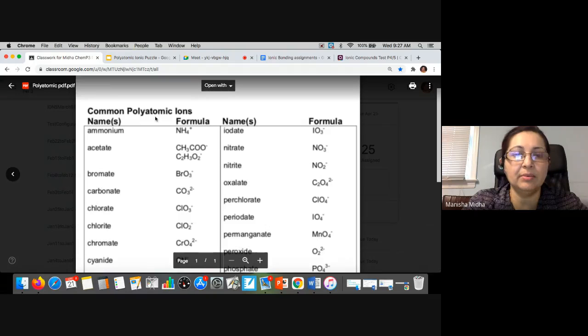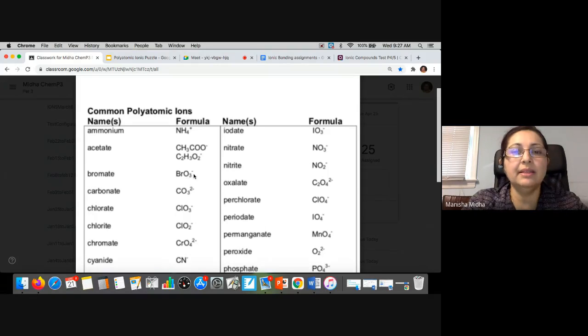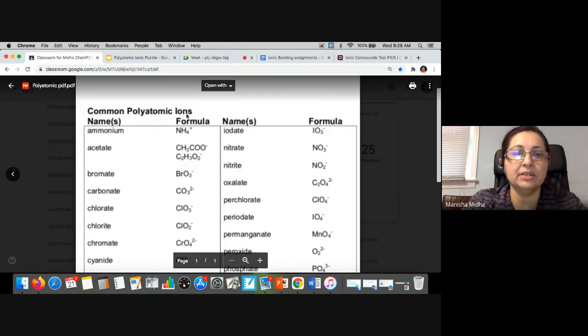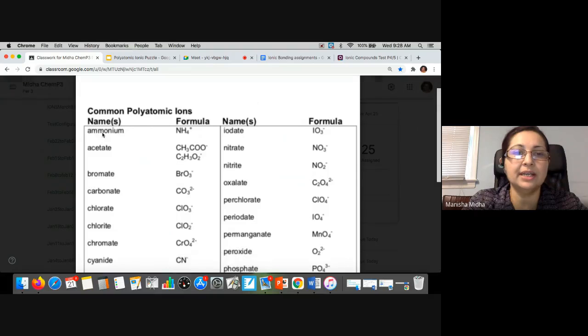They are polyatomic. They have many atoms. They are grouped together. They have a charge. And because of this charge, we call them ions. There is one exception over here. This is ammonium. Sounds like aluminum. You will not find this on the periodic table because it's a group of atoms.